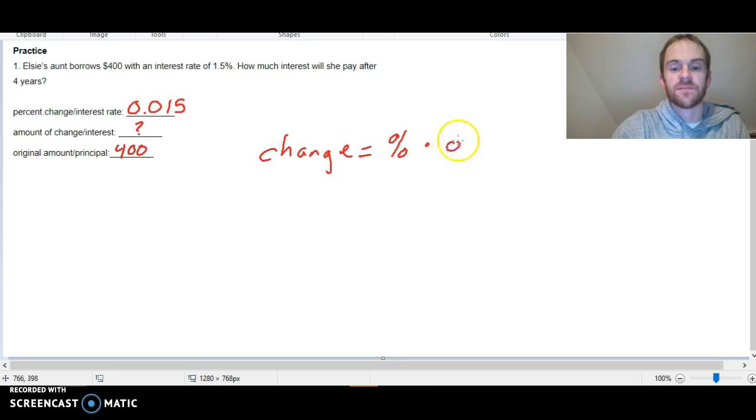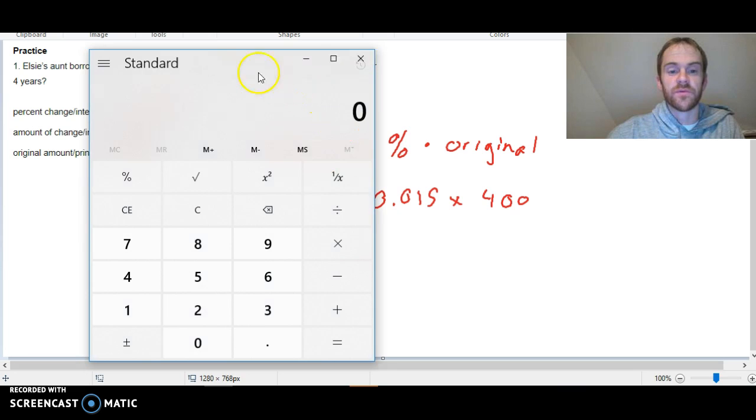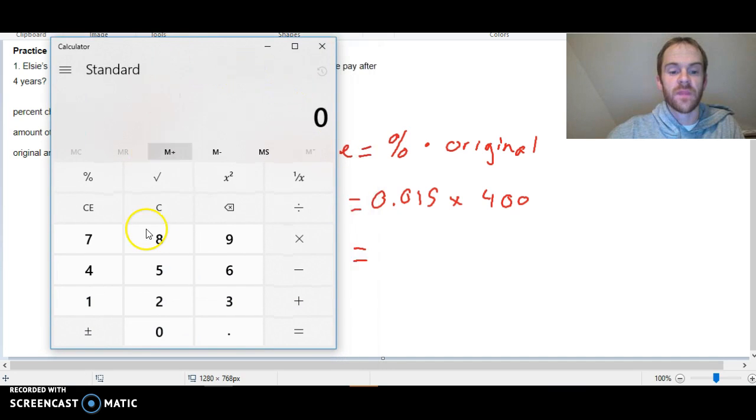So multiplied by original. Okay, I'm using terminology like we talked about before. So I'm going to take 0.015 times 400, and this is telling me how much money is the change in money in 1 year. So let me pull up my calculator here.